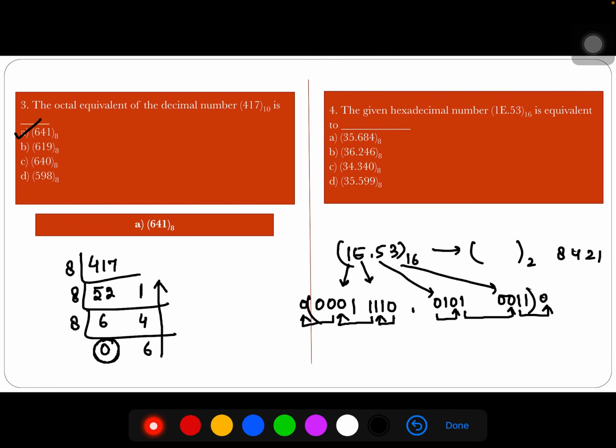Let's represent each group by a digit. The 421 code makes this 6, this 3, this 0, this 2, this group 4, and 110 is 6. So 36.246 is the correct option, and hence B is the correct answer.